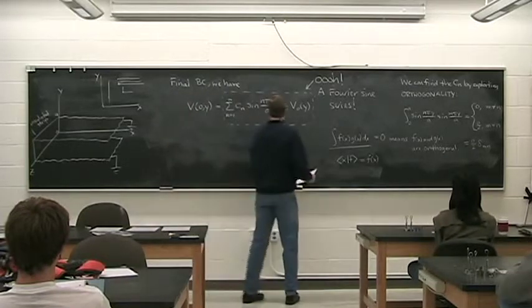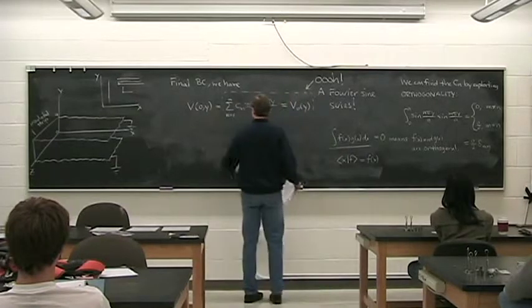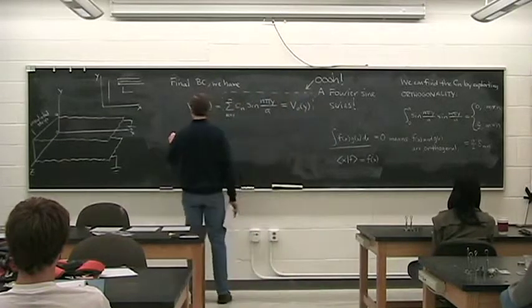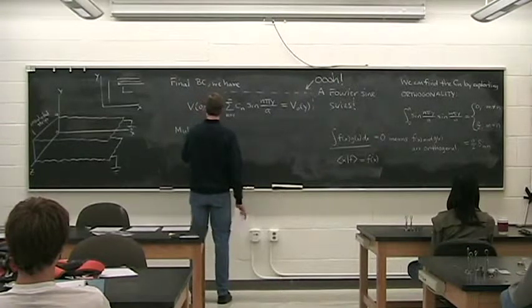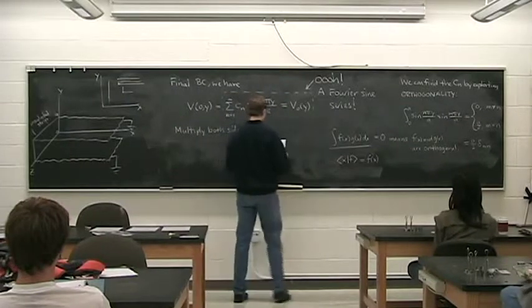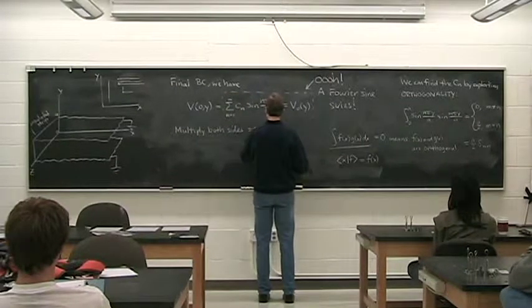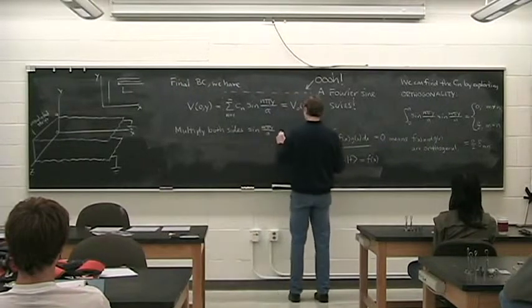So, exploiting orthogonality, what we do is multiply both sides by sine(m pi y over a) and integrate.